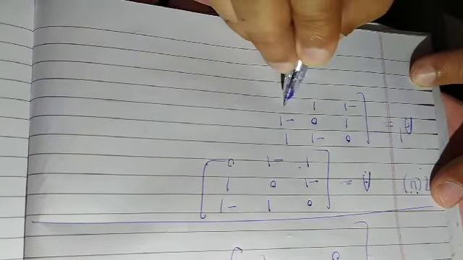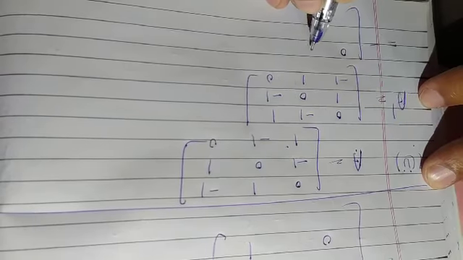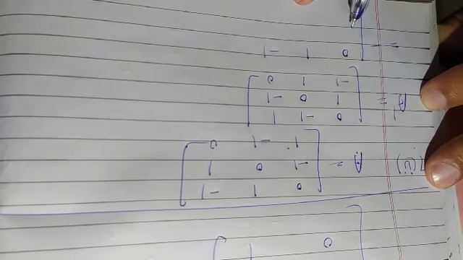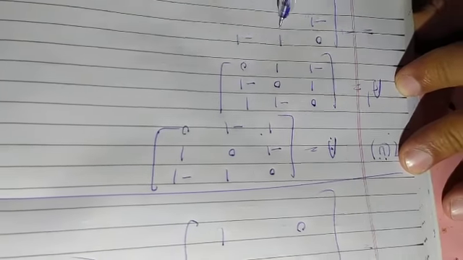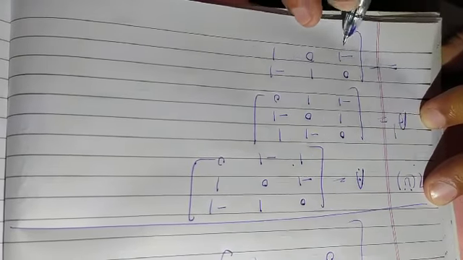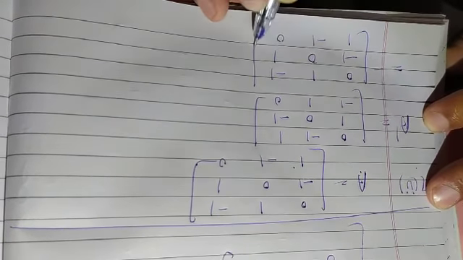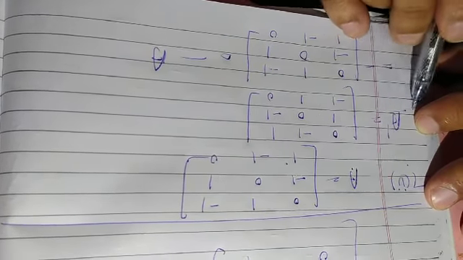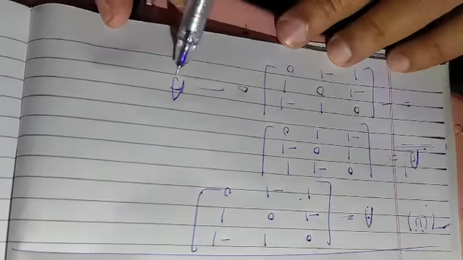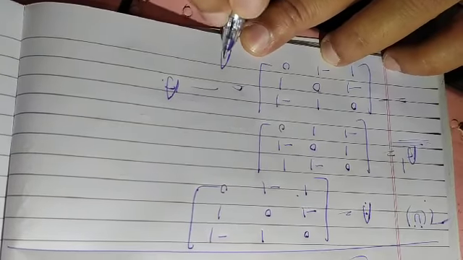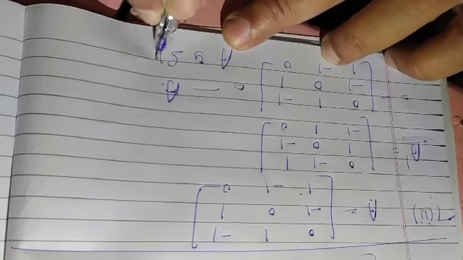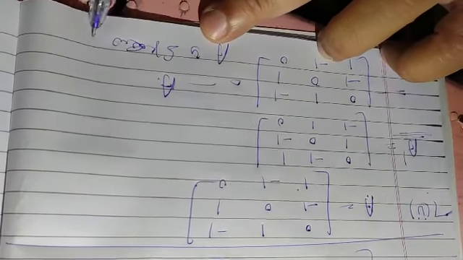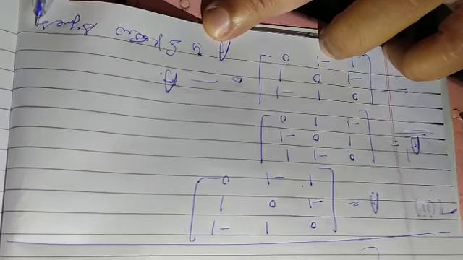Taking minus common out of it, the signs change: 0, 1, minus 1, minus 1, 0, 1, 1, minus 1, 0. It becomes minus A. Then if the transpose of a matrix is equal to the negative of itself, it is called skew symmetric. A is a skew symmetric matrix.